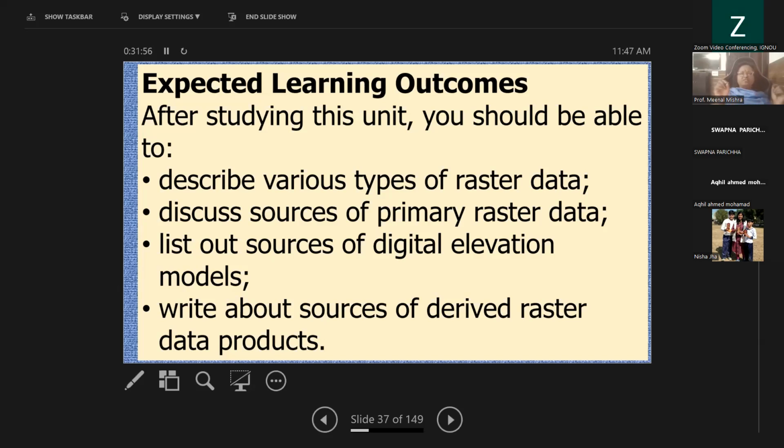Here you are in isolation, so to speak. So when you self-study the material, it is very important to go through these learning outcomes, because that tells you what you expect after reading this unit. So that becomes clear in your mind: when I read this unit, I will come to learn about this, this, and this.